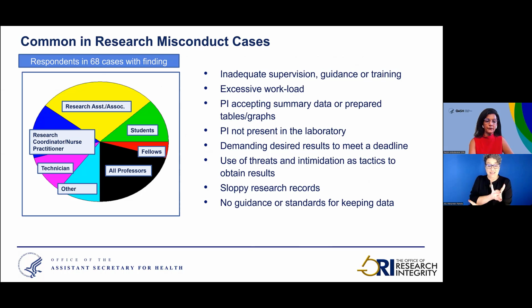These are the professors, but compared to the number of professors as respondents, many others who collect actual data or interviews are research assistants, students, associates and so on. Some of them do not even have any interest in the outcome of the clinical study. They are focused on incentives and so on. A big part of it is excessive workload and lack of supervision. So that's something we can avoid.